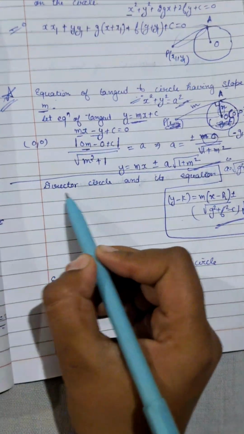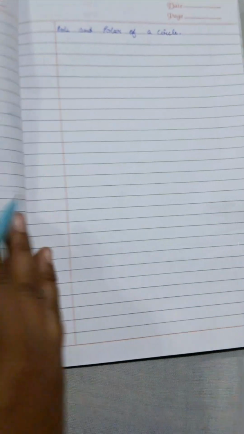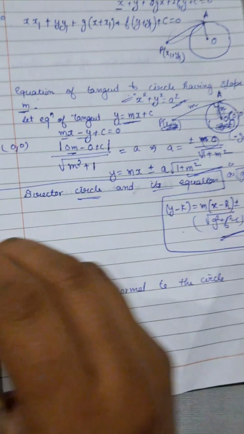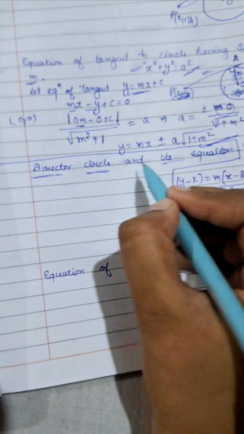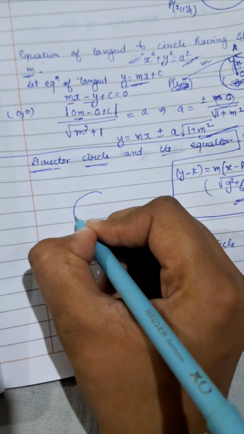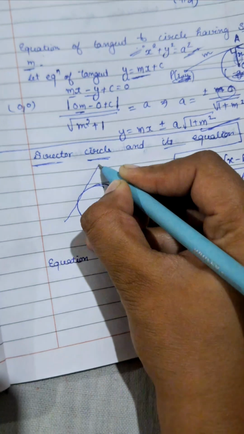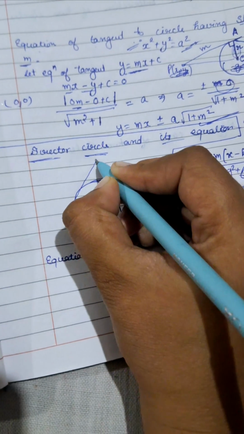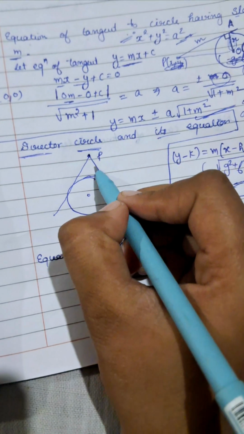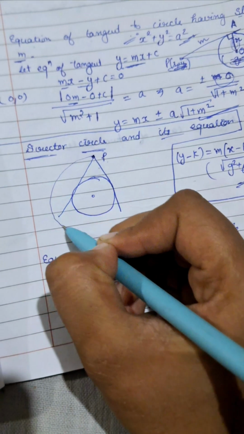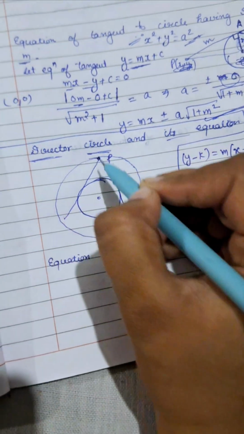Now the next topic is director circle and its equation. Director circle. Suppose this is a circle. I am going to draw two tangents that meet at point P. The locus of this point is called a director circle.